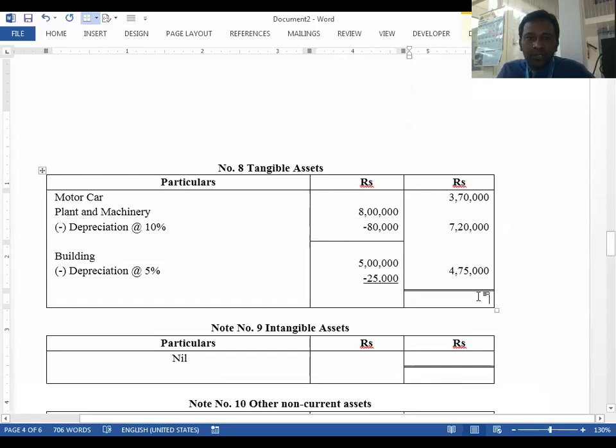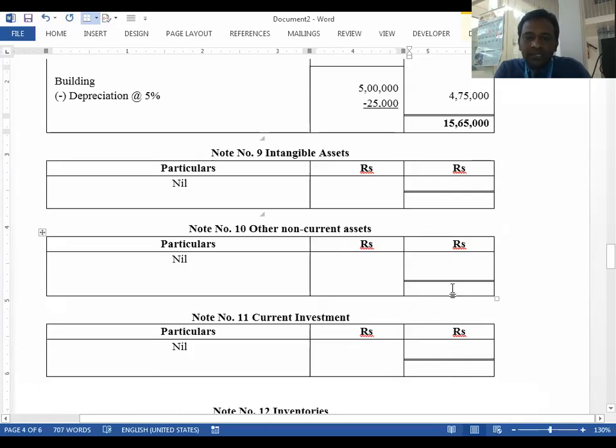What is the amount of tangible asset? 3,70,000 plus 7,20,000 plus 4,75,000, 15,65,000. Intangible asset is nil.